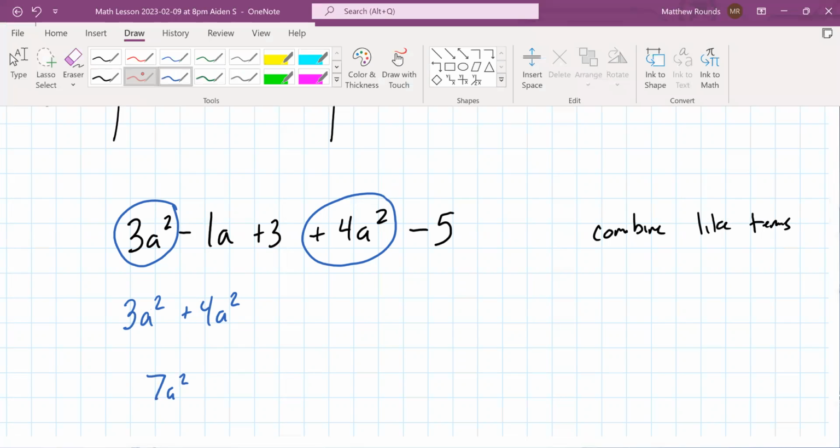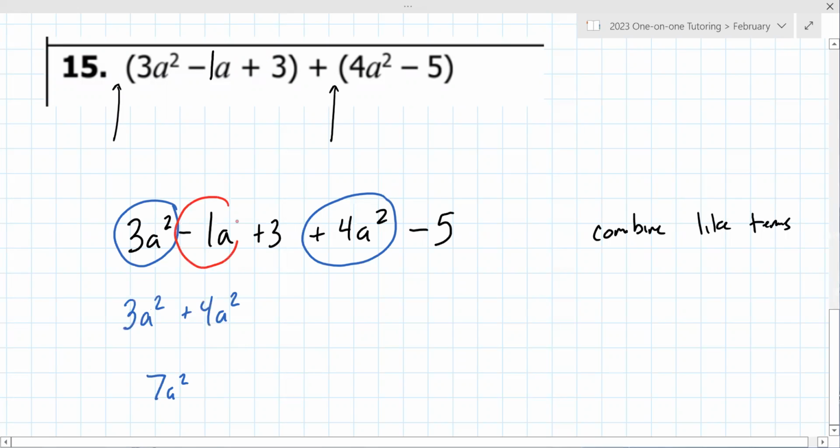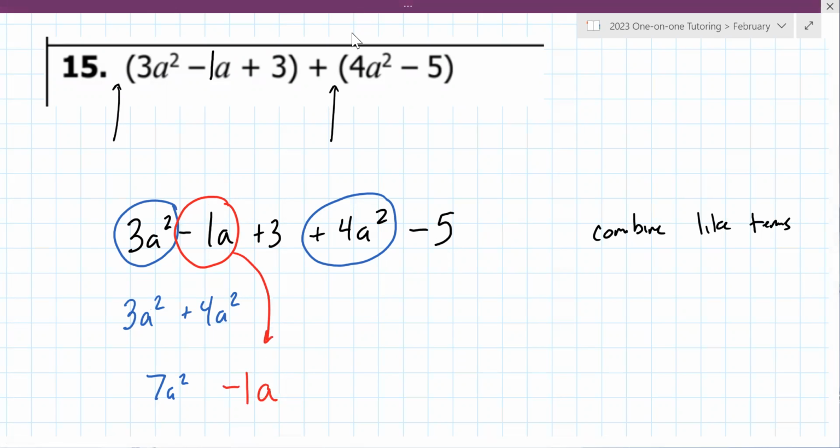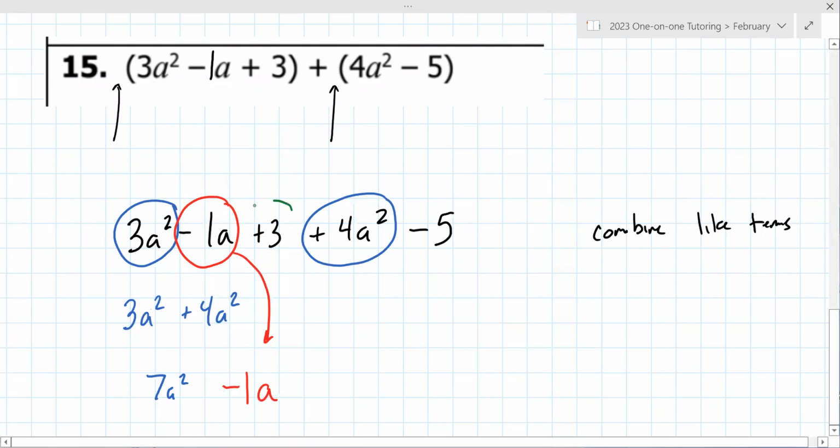Now I'm going to circle the minus 1a. Is there anything else with an a in it in this line? Do you see anything else with an a? No, no. Okay, so there's nothing to combine it with, so it just comes down. Now let's look at the number.